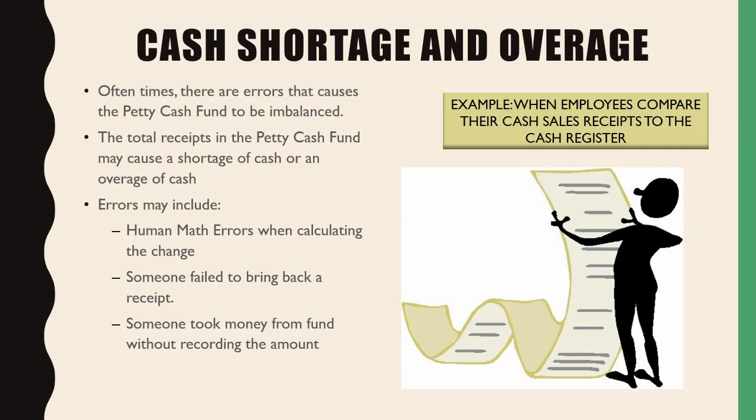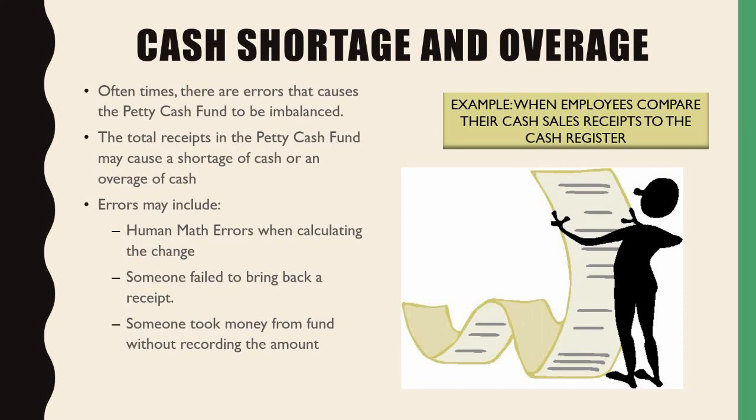So there are a lot of contributing factors to why the petty cash drawer or a cash register would have a shortage or overage, and those are just a couple of examples. It does happen, and that's why accounting is so important, because we need to make sure wherever our money is flowing in or out, we know where each and every single penny is.